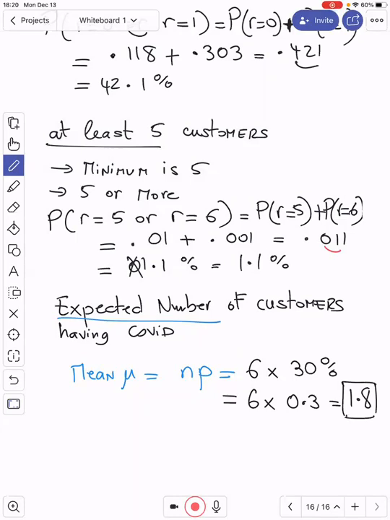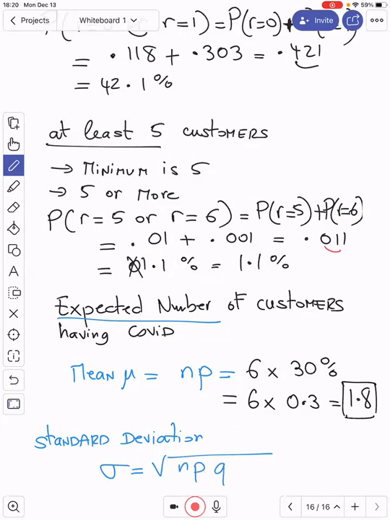Right. But then the standard deviation. The formula for the standard deviation sigma is actually the square root of n times p times q.